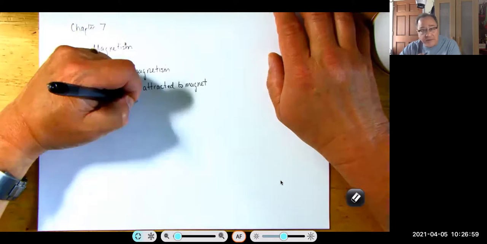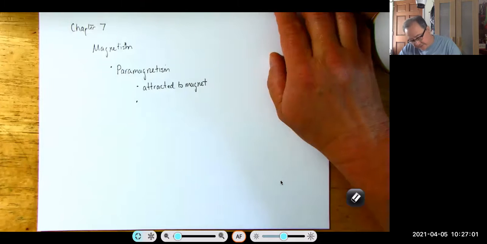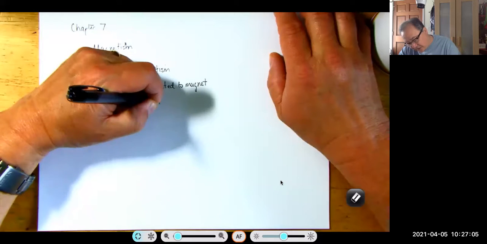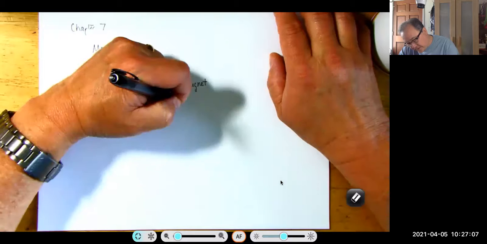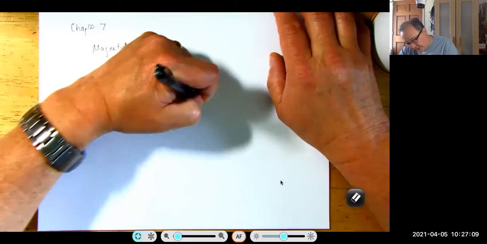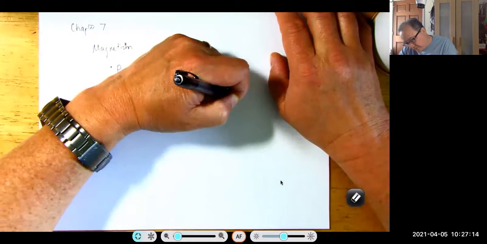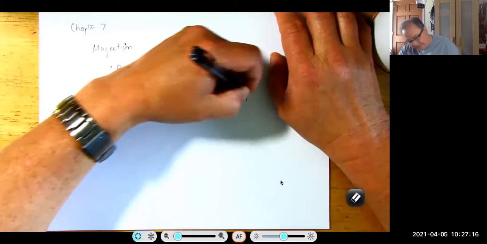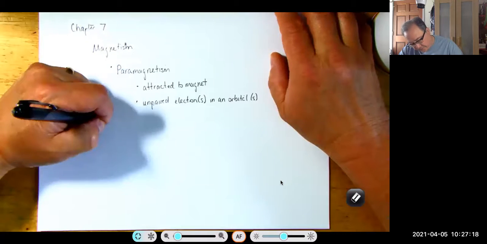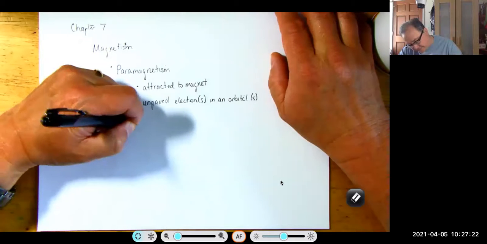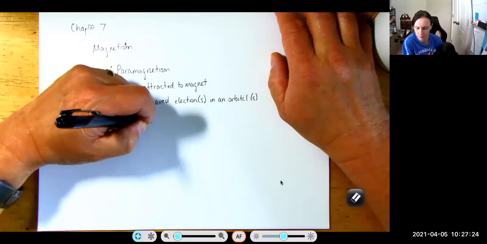And you already told me how it is achieved. Unpaired electron or electrons in an orbital or orbitals, right? Yeah. So what about diamagnetism? What is that?